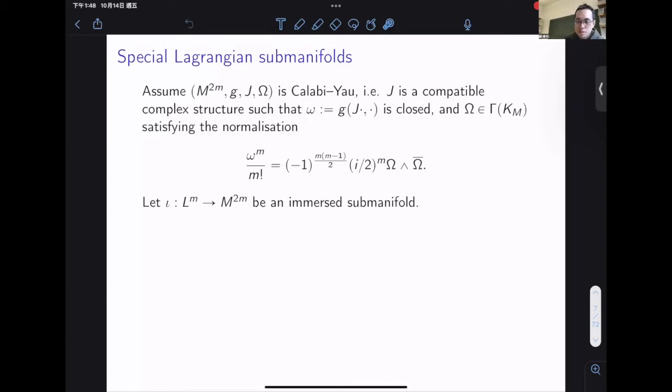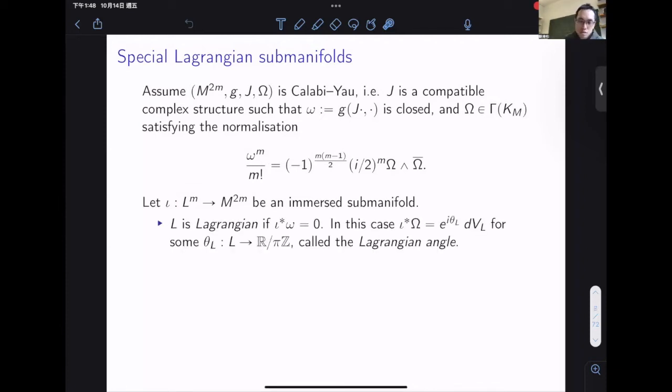Due to the existence of such a compatible complex structure J, the ambient manifold M must be even dimensional. And therefore, it makes sense to consider a half-dimensional real submanifold inside M. We say this submanifold is Lagrangian if we pull back its Kähler form and it equals 0.